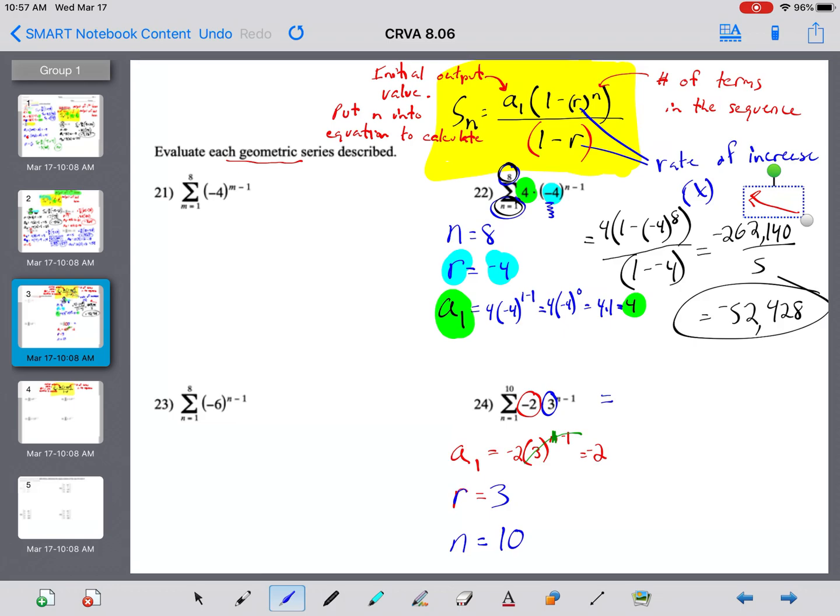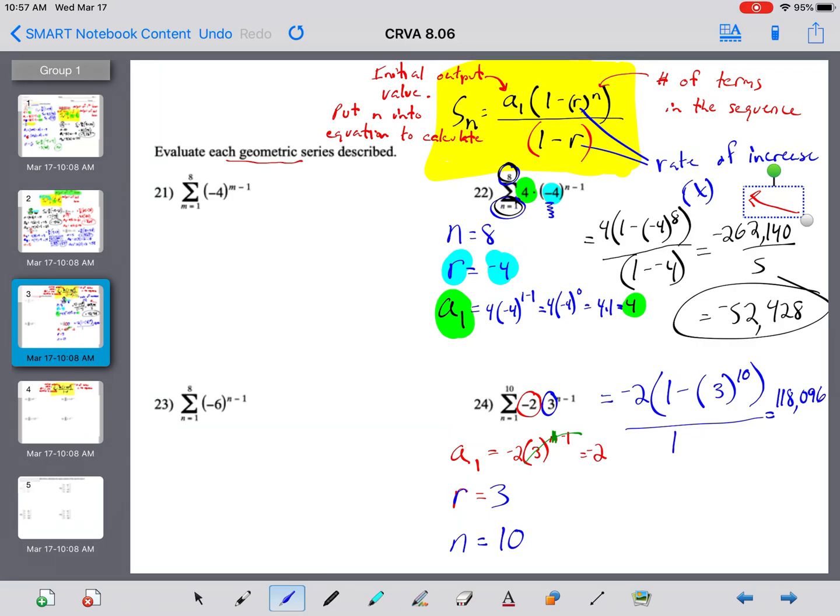So it's your initial value times 1 minus the rate raised to the number of terms. Mind your parentheses. When we do this, we get, make sure you got a calculator that you trust, folks, whether it's an app, I get 118,096.